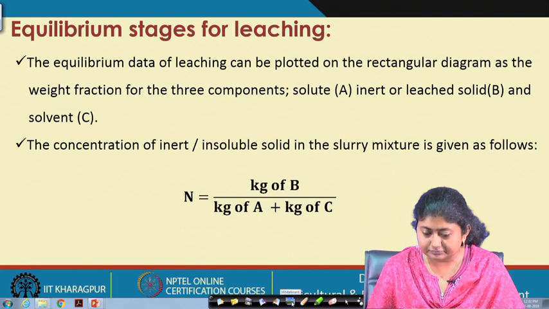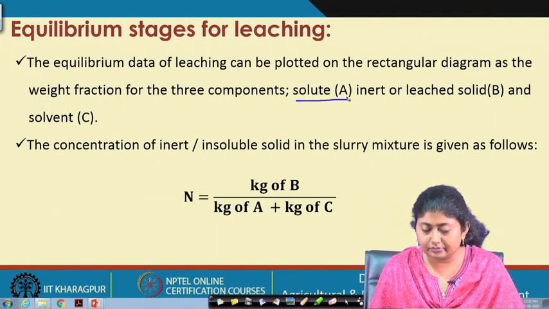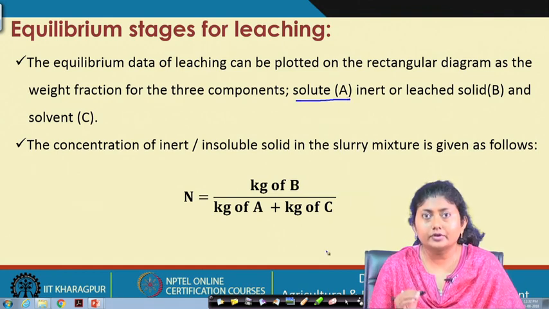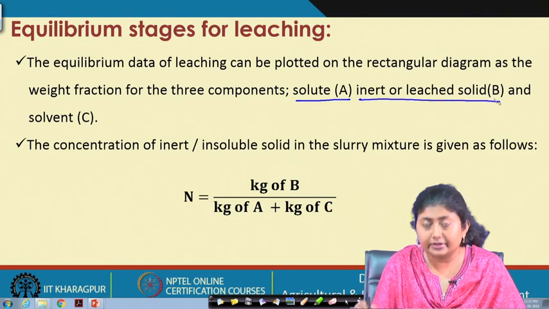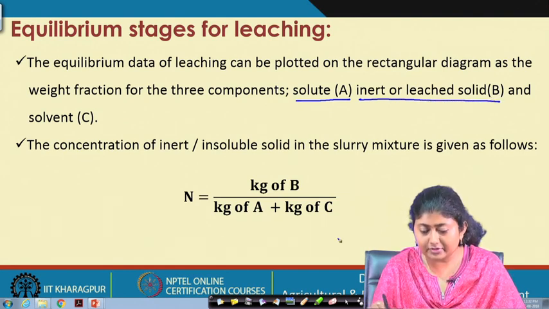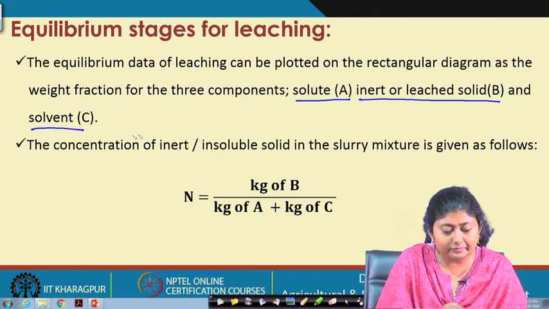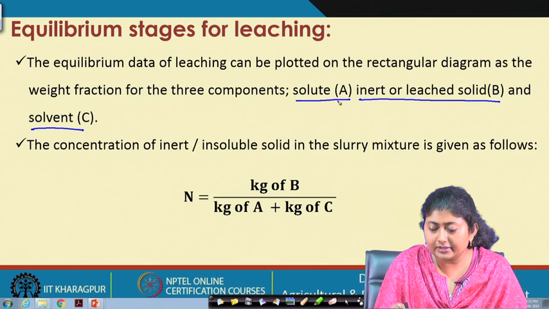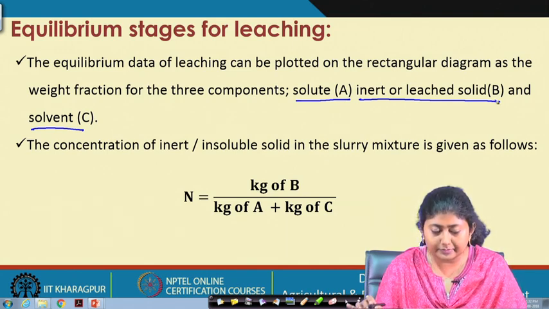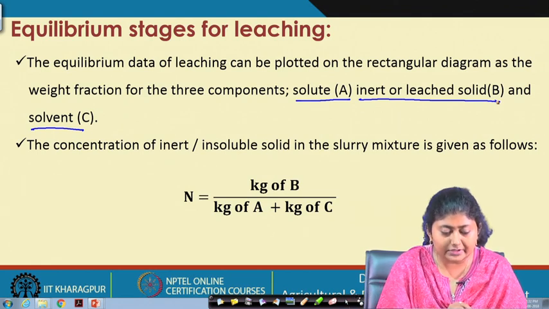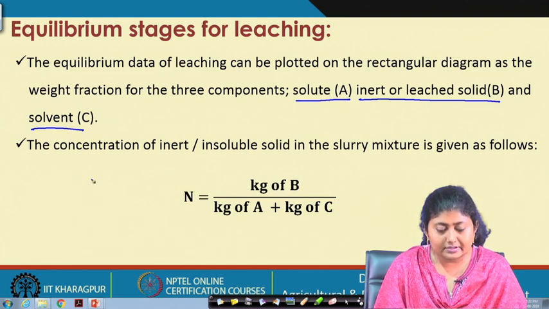One is the solute A, that we want to separate from the mixture of inert or leached solid, that is B, and this process is done using the solvent C. So, A will get mixed with C, and this A initially is in B, which is inert. At the end of the process B will also be inert, maybe some part of C will be mixed with it, but ideally we want to separate A in the C.